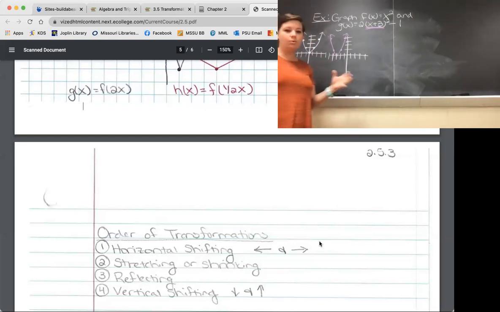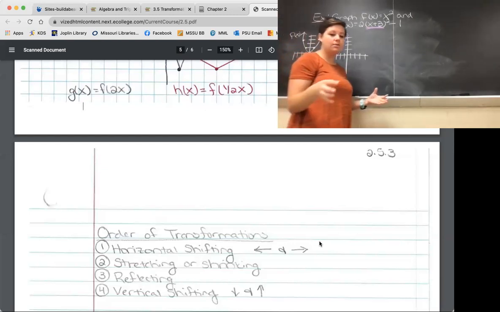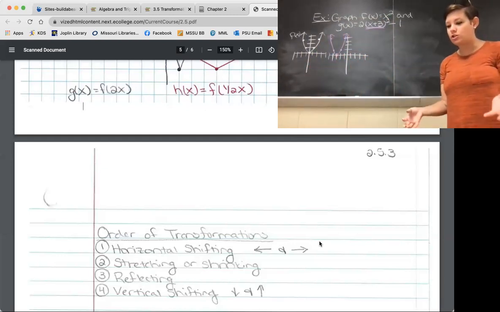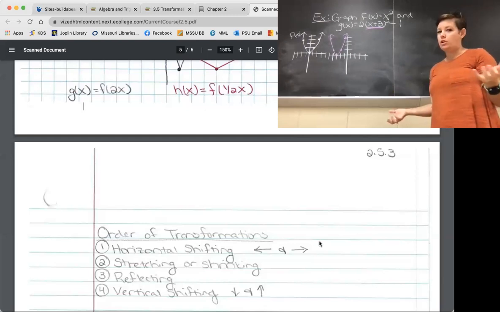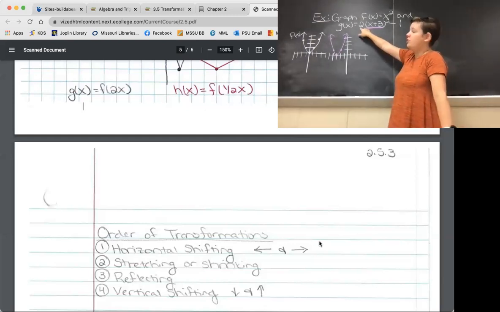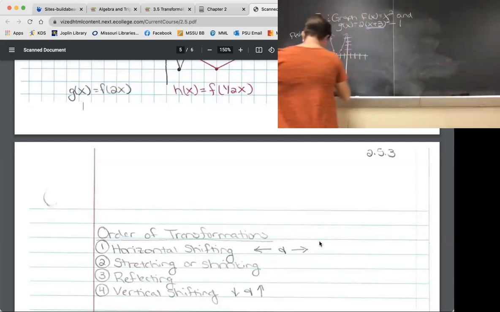Okay, so that's horizontal. Now I need to look, is there any stretching or shrinking going on, whether it's horizontal stretching or shrinking or vertical stretching or shrinking? Well, I do have that 2 out front. Because it is out front, that tells me that that is vertical stretching or shrinking.